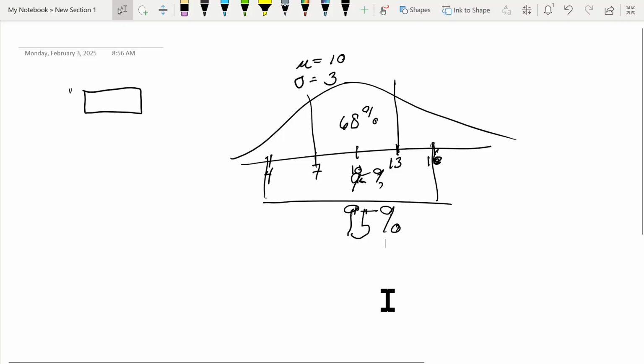That covers 95% of the distribution. The bet is 1 standard deviation up and 1 down makes a 68% bet. 2 standard deviations down and 2 up make a 95% bet.